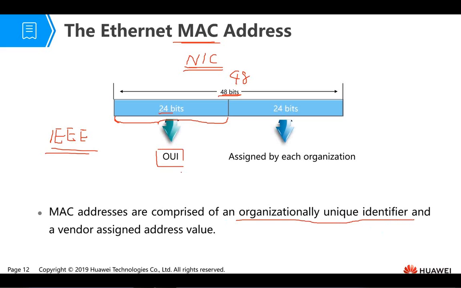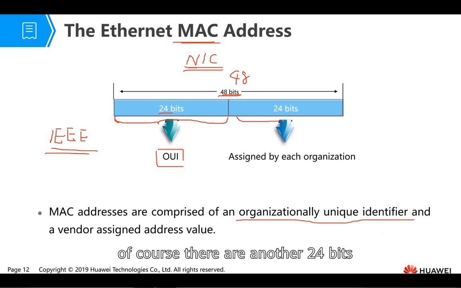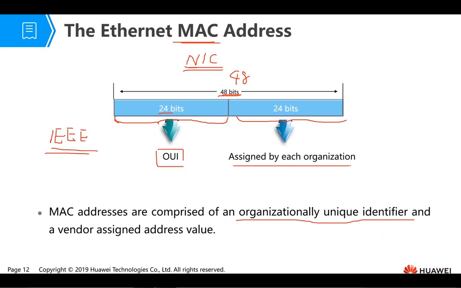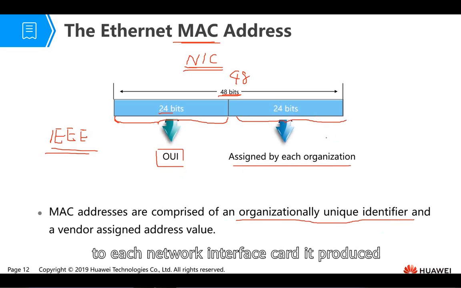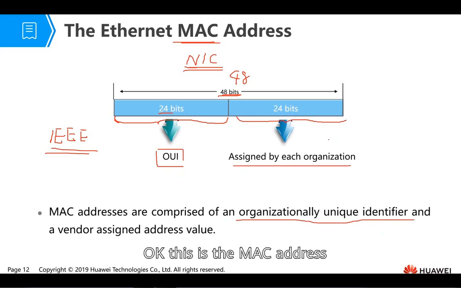Then the manufacturer can use this segment. There's still another 24 bits, so the manufacturer can assign a number to each network interface card it produces. This is the MAC address.